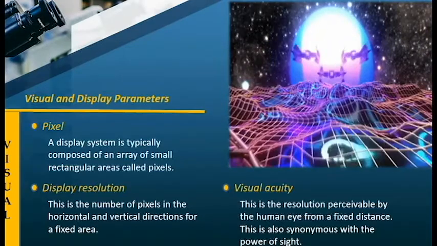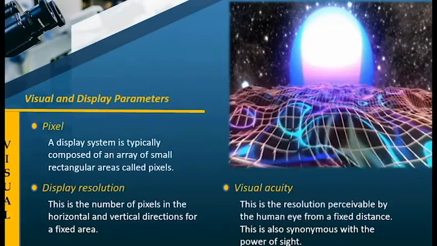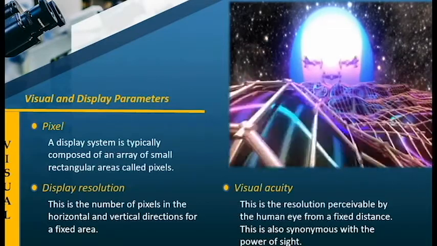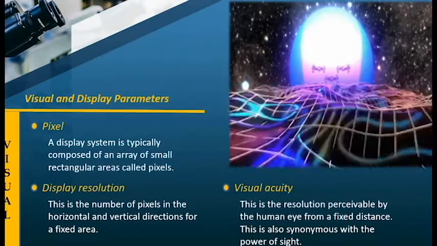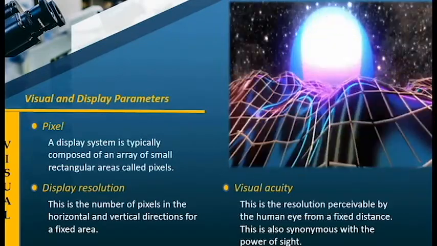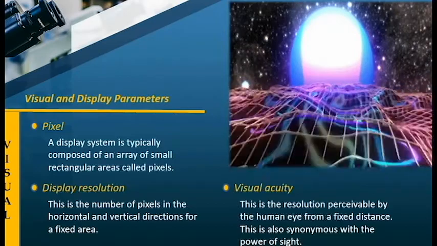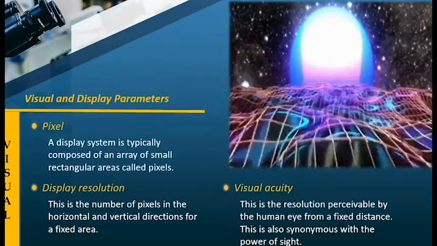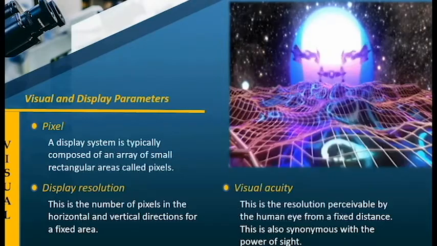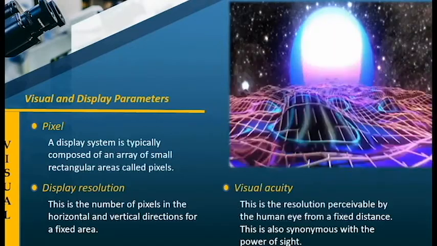Then last, we have visual acuity. This is the resolution perceivable by the human eye from a fixed distance. This is also synonymous with the power of sight. So those are the visual parameters for visual and display.